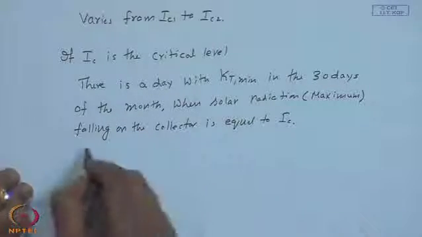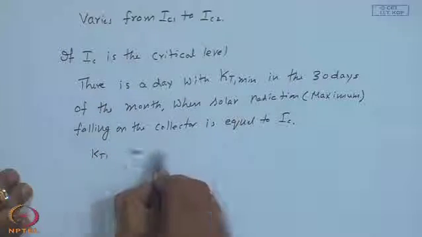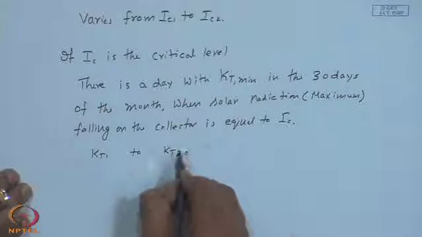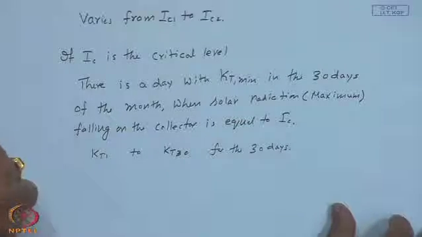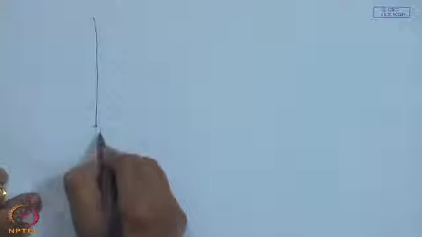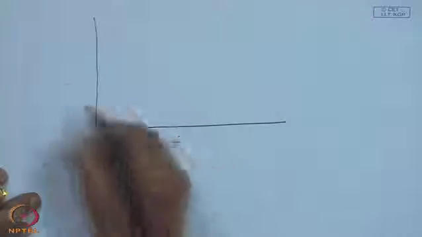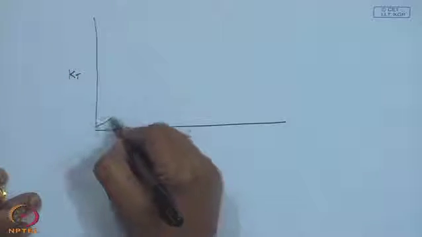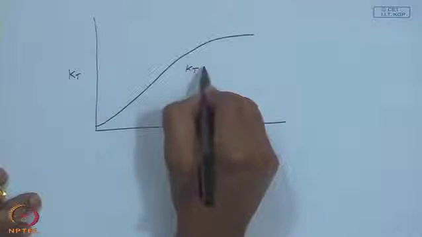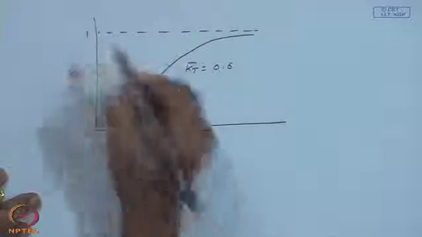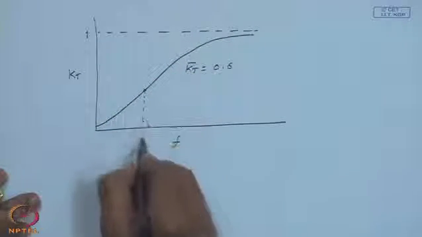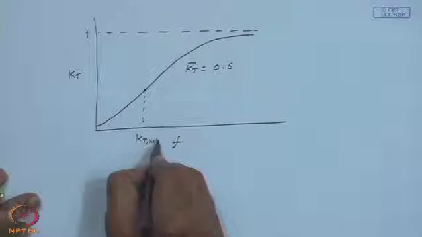In other words, if I have got KT 1 to KT 30 for the 30 days, whose distribution is according to Liu and Jordan curves, cumulative frequency versus KT, for a given KT bar equal to say 0.6, this is approximately 1, this is my KT minimum.